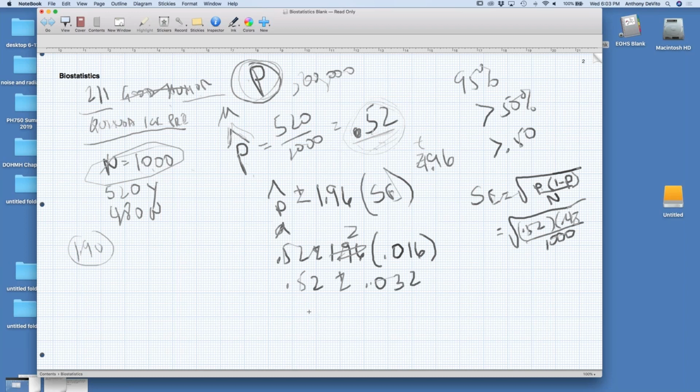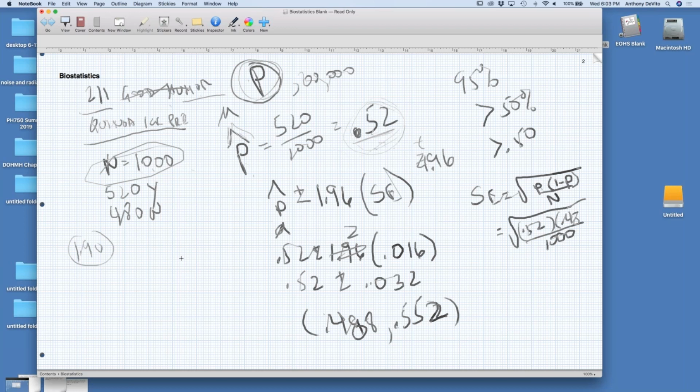So that would be a range of 3% on that: 0.552, and subtracting that from 0.52 would be 0.488, I believe. Yeah, I think so. That looks right.